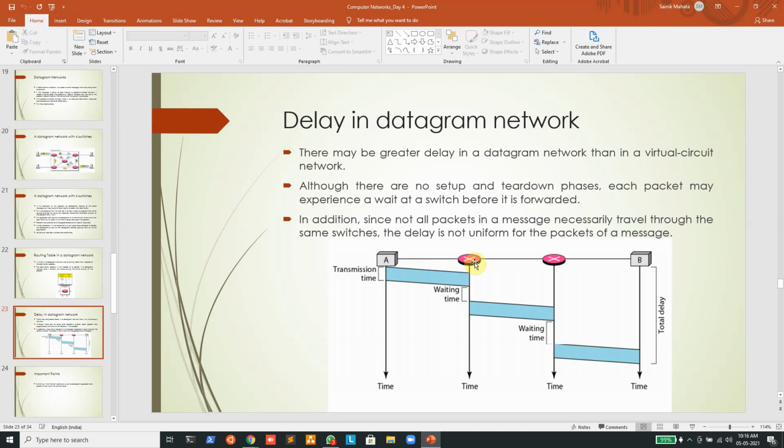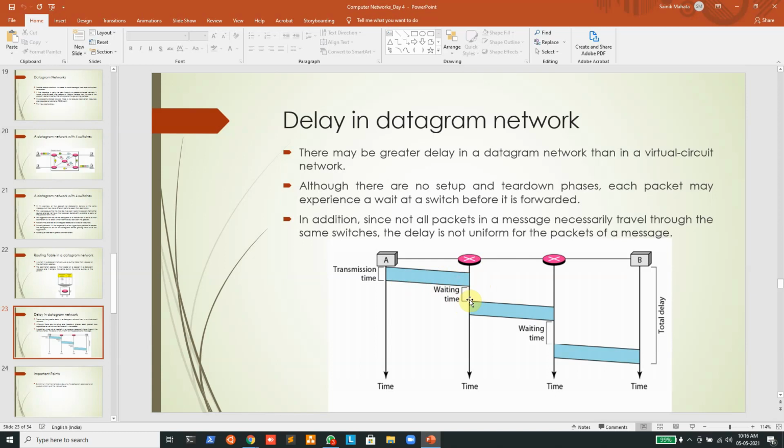Making the query, generating the answer, and sending the data will take some time. After the data is received by a switch, it will take some time to figure out on which link it should send the data, and that time is known as the waiting time of a switch.